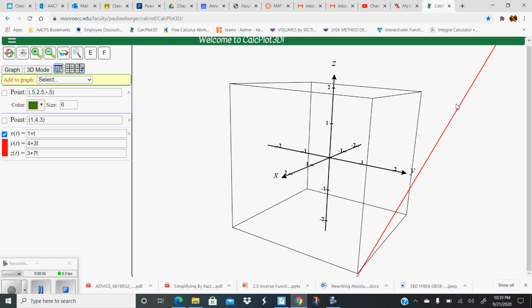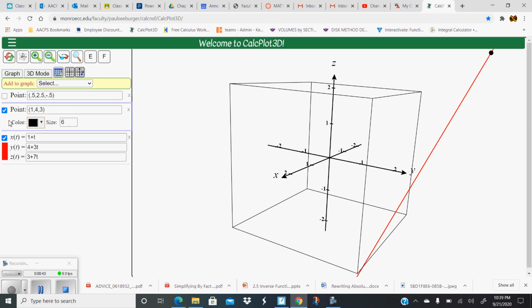That's the line. And then what I did was I plugged the initial point in that we got, just to show you that that actually lies on the line, and that's up here in black. So that's the initial point, 1, 4, 3, that we created the line with. And just to show you that it works, if you plug any value in for t, it should be another point on the line.